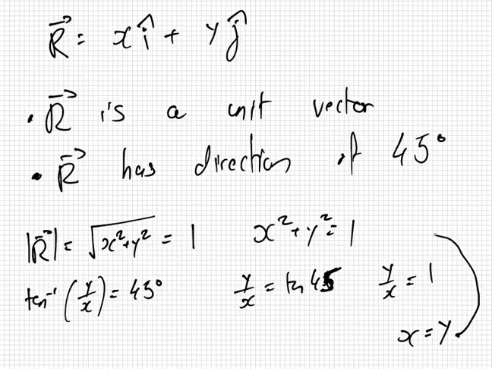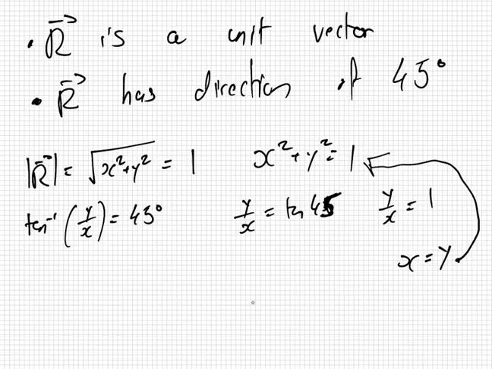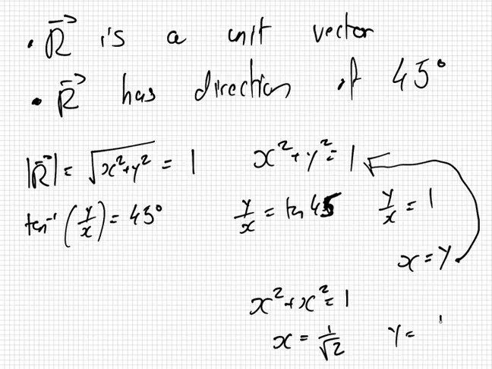If you put that result in here, you get x squared plus x squared equals 1, so this will mean x equals 1 over root 2, or as you said as well, root 2 over 2. And of course y will be the same, 1 over root 2. So the answer is 1 over root 2 i plus 1 over root 2 j.